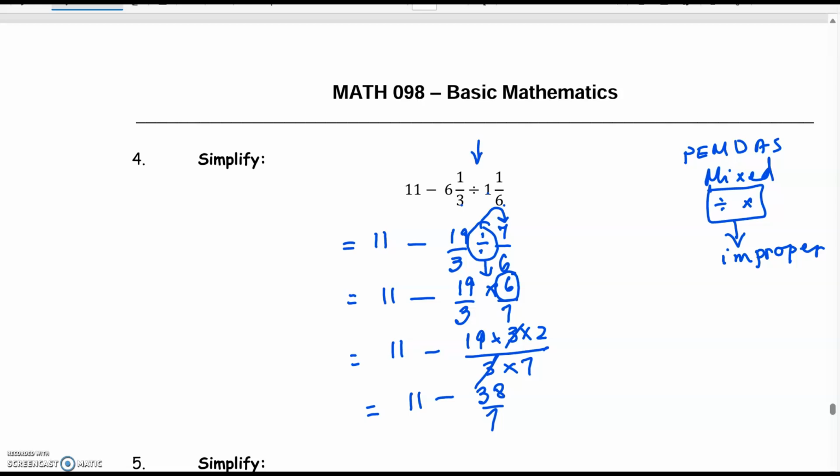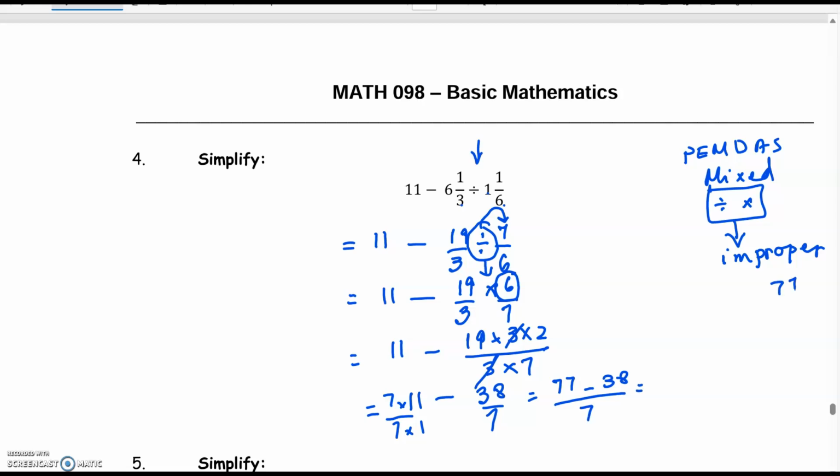Now this is easy enough that you could take a common denominator and solve it. Let's just do it that way. And so you multiply the numerator and denominator by 7 for a common denominator. So you have 77 minus 38 over a common denominator of 7.